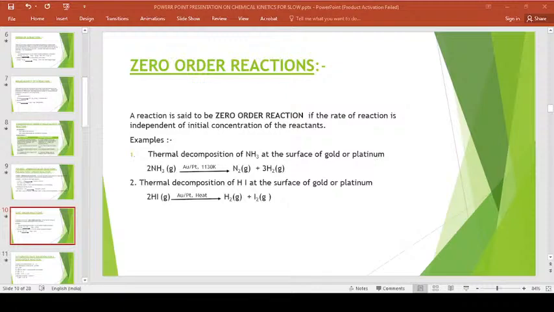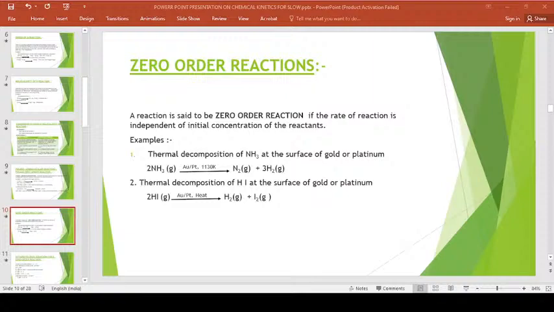Next, the third example is the dissociation of N2O5, dinitrogen pentoxide. This dinitrogen pentoxide dissociates into 2 molecules of nitrogen dioxide along with half molecule of oxygen. Here, the rate law is found as rate equal to K concentration of N2O5.